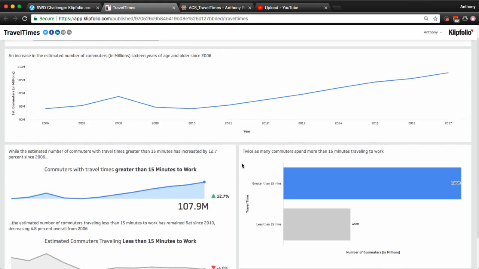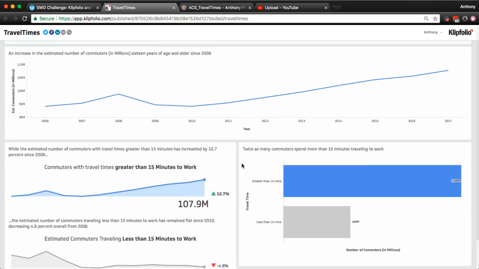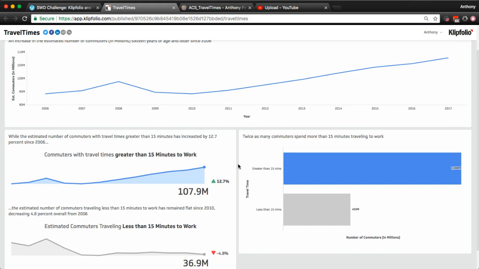So here, in a nutshell, I was trying to emphasize that over time, the number of people with commuting times greater than 50 minutes has increased, based on publicly available data sets.